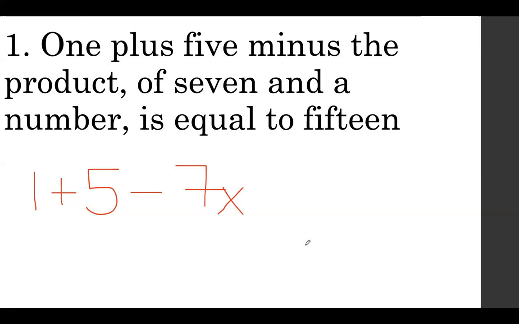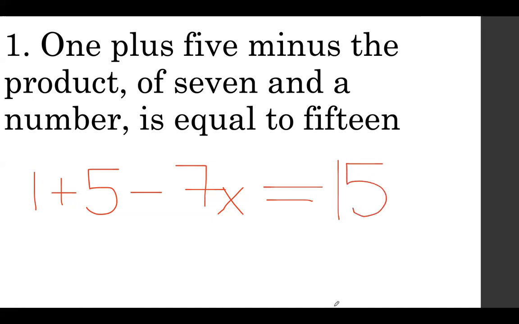So we have minus the product, which again tells us we're going to be multiplying the next couple of things together, 7 and a number. So we're subtracting 7x. Then we have is equal to, so we have an equal sign, 15.